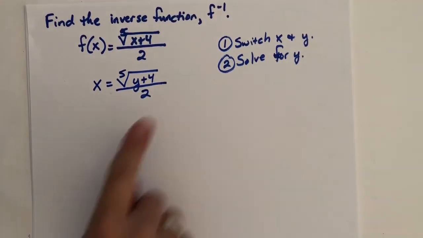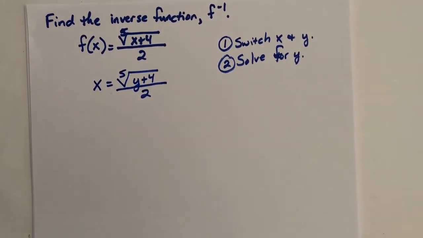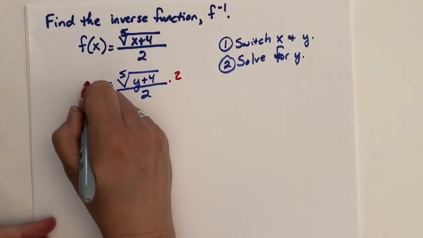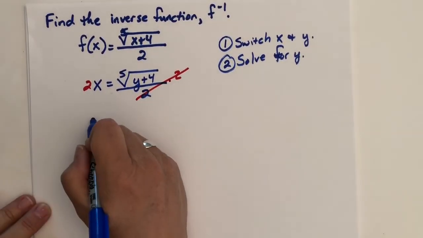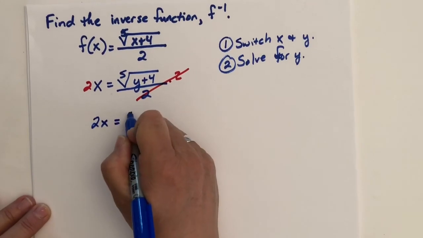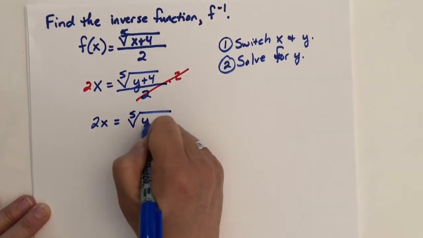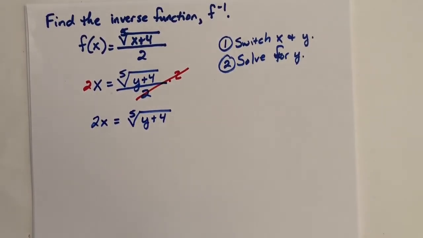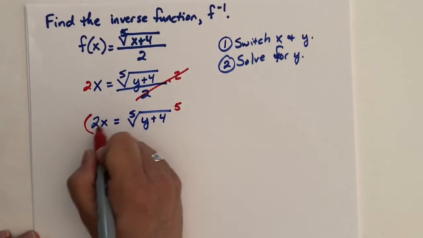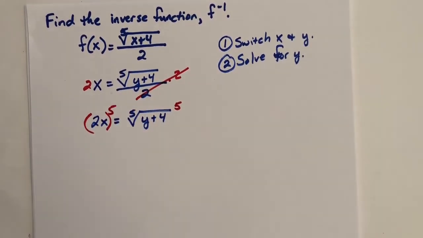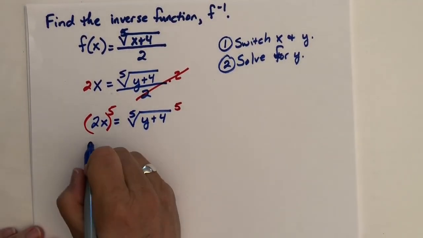So let's say we're solving for y now. Let's multiply by 2 to take care of the fractions. So we have 2x equals the 5th root of y plus 4. We're going to raise both sides to the 5th power. So we'll have 32.